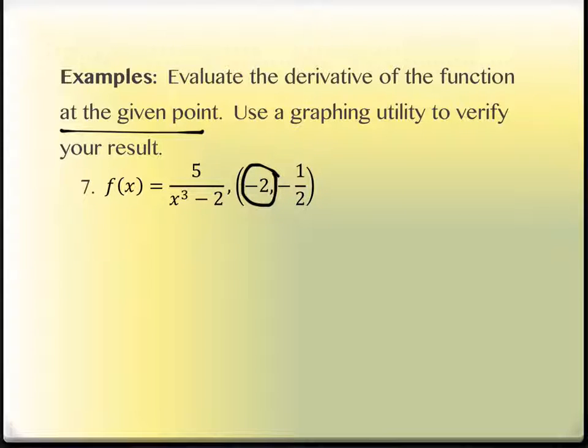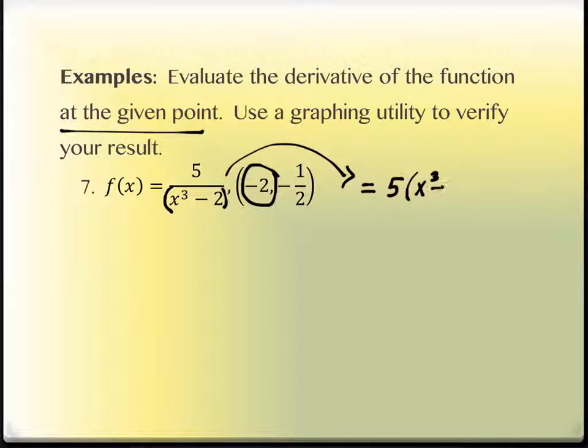So we're first going to rewrite this function in a different way. How could we rewrite this function so that we're using the chain rule? Yeah, all of this is combined. So what would I do with what's in the denominator right now? Bring it up to the numerator.